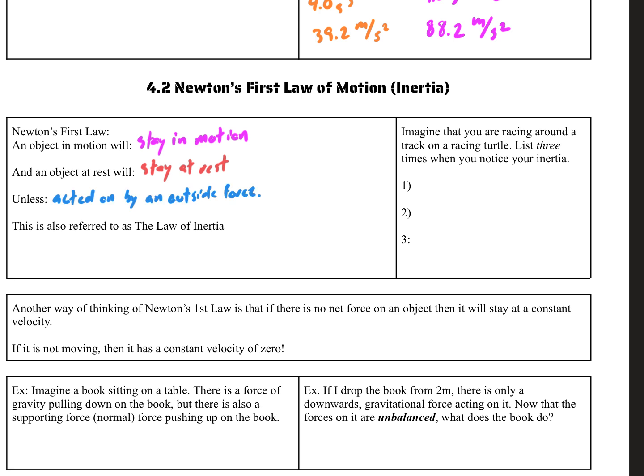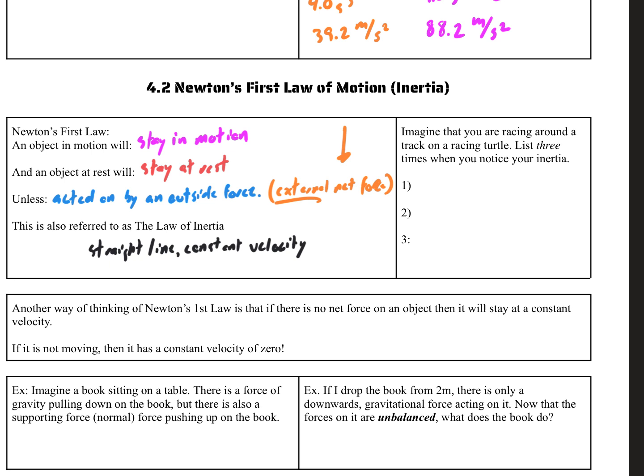One of the things I really want to add to this is we're going to say an external net force. So external is the keyword here, net force, and we're going to really dive into what that means. This is also referred to as the law of inertia. Basically, things want to keep moving in a straight line at constant velocity unless acted on by that net external force.